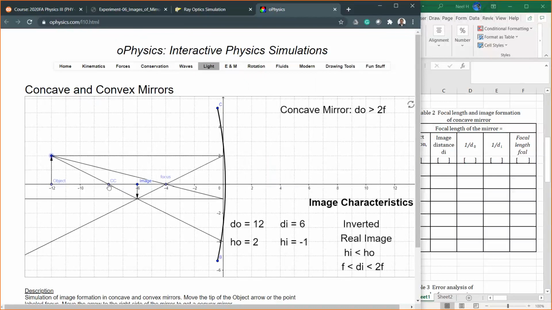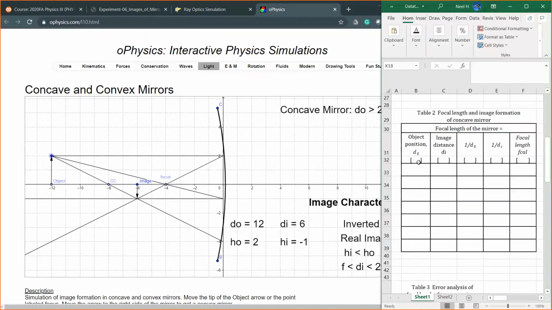Okay, now let's continue. Let's start from location number 12. We'll consider each of these squares to be 1 centimeter, which means now I am at 12 centimeters. The negative sign has no meaning here; if it is a real optical ray, it is always positive for our case.